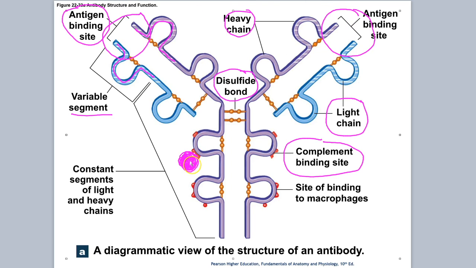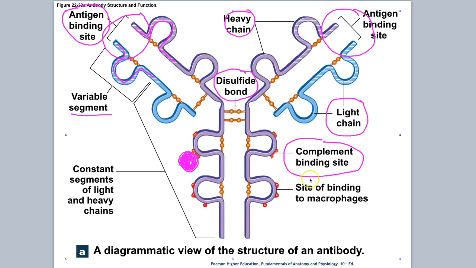So this complement binding site is used for immune clearance. You can look back in the PowerPoint or review your notes to see all about immune clearance again. That's that molecular towing mechanism that involves the red blood cells and the complement proteins. This basically clears the pathogen. These complement binding sites help clear the pathogen out of the blood.